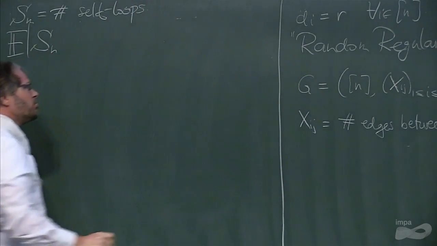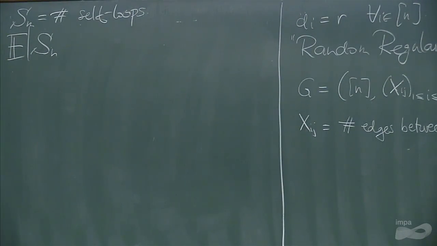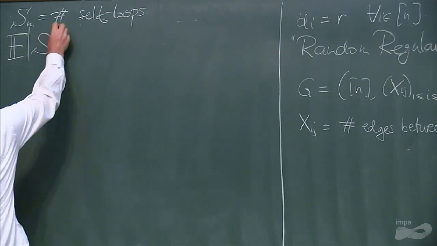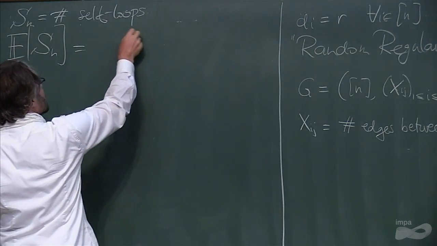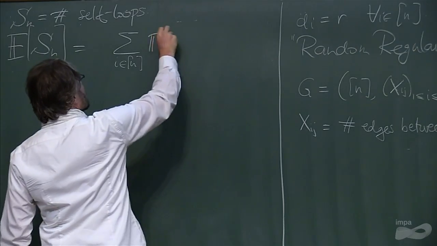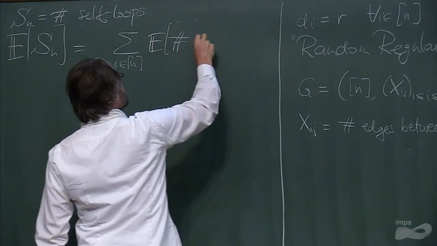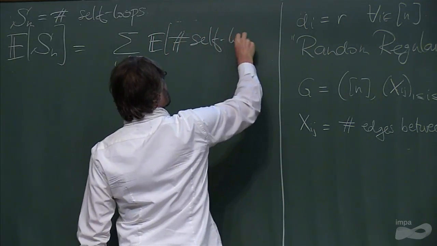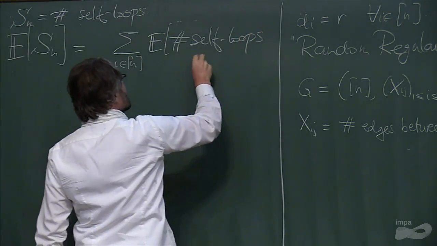A very similar arithmetic can be done for the number of multiple edges, but let's stick to self-loops for the time being. The expected number of self-loops is the sum over i of the expected number of self-loops at i.